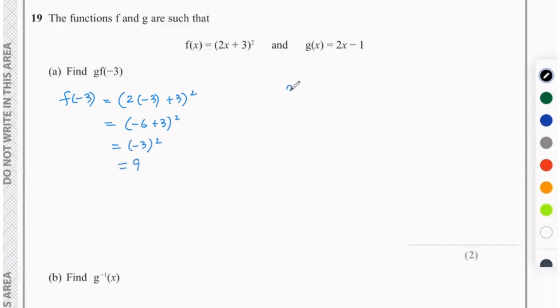Now, to find g of f of negative 3, we replace the domain of g with 9, because that's the value of f of negative 3. So g of 9 is going to be 2 times 9 minus 1, which is 18 minus 1, and that is 17. That's your answer.